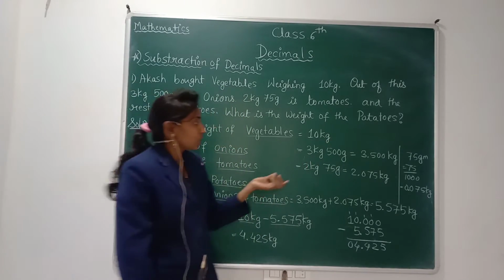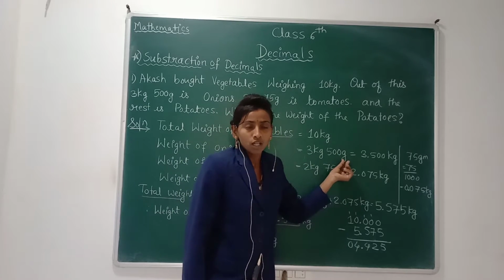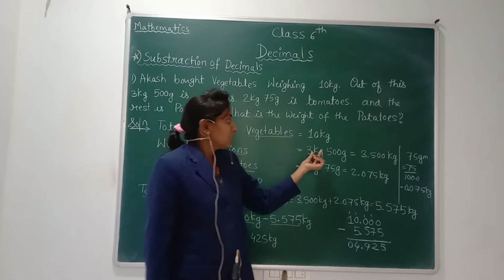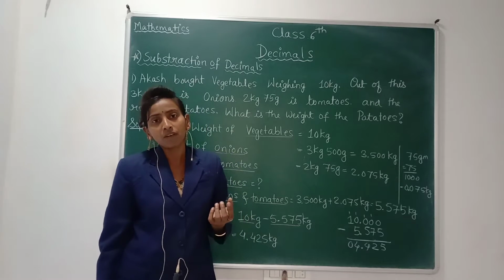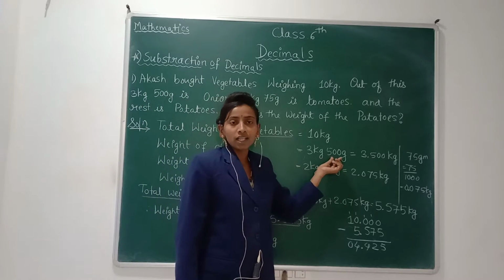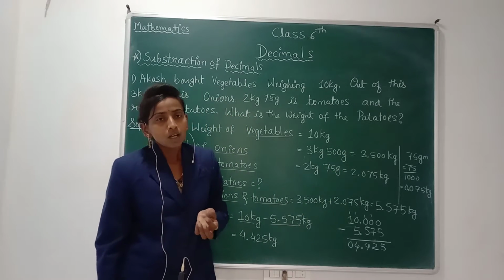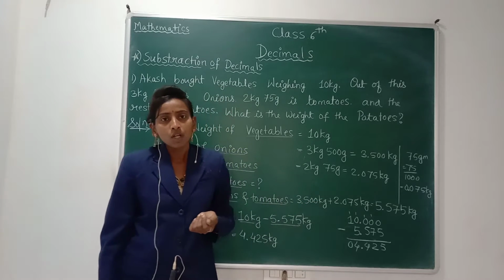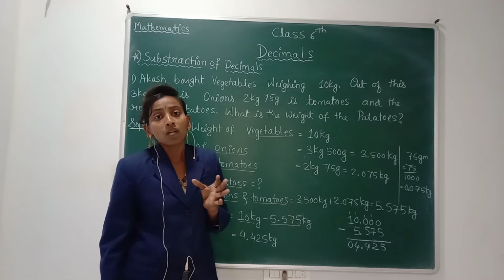Here the units are different. Here kg is there and here gram is there. We are discussing subtraction of decimals, which means this 3 kg 500 gram we have to write in decimal form. So 3 kg is whole, only 500 gram I am going to convert into kg. We already know that 1 kg means 1000 gram. So 1 gram is 1 upon 1000 kg.